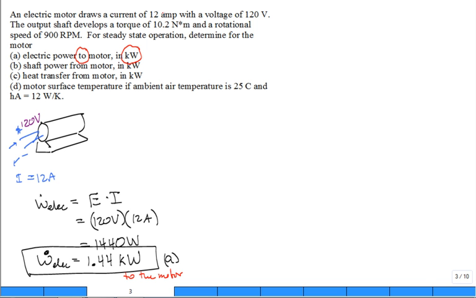Then with the other side of the motor, we have a shaft, and that shaft comes out. Maybe that shaft is running a pump or a fan or turning something or lifting something. And so what we have is the shaft is rotating at a particular rate. We use omega, the Greek letter omega, for the rate of rotation.